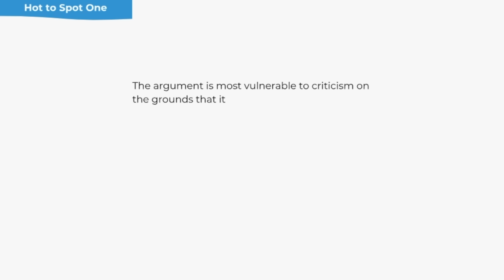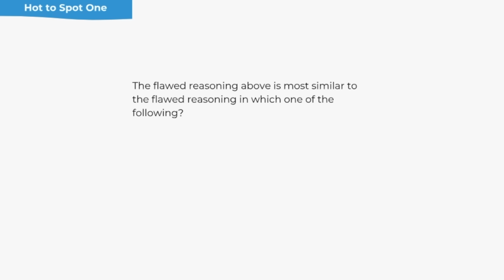Try this one. What's the key language? Well, it's telling you that the argument is vulnerable to criticism. Right? And you're being asked to describe what it is that it's vulnerable to. So this is definitely a flaw question. Try this one. Well, here, the key language, they're asking for the flawed reasoning that is most similar to the flawed reasoning in which one of the following.